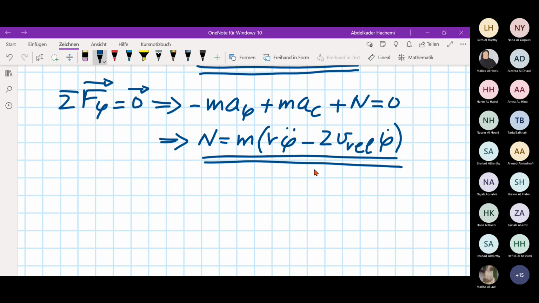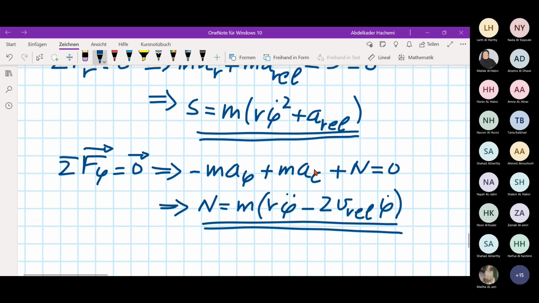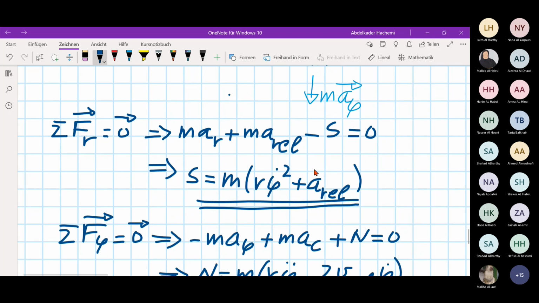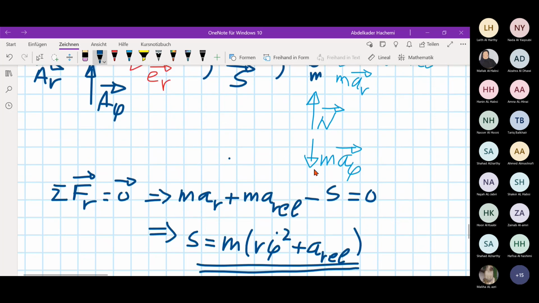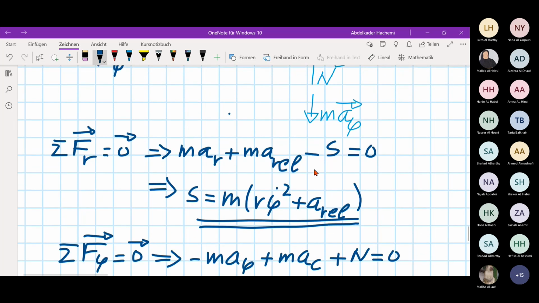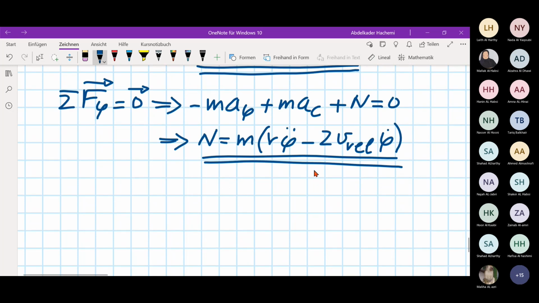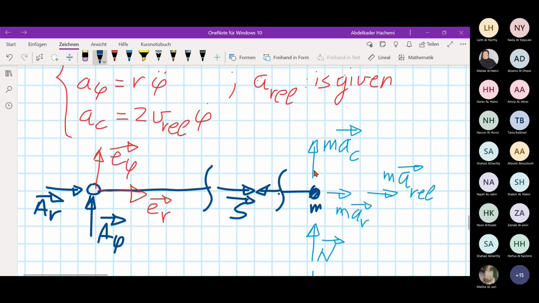Now we got this one. It's asked now to determine the driving torque and also the support reactions. The support reactions are here AR and Fe.